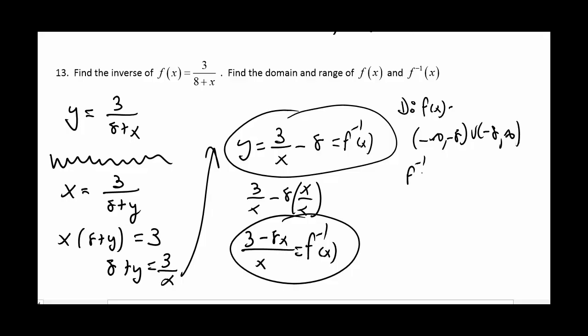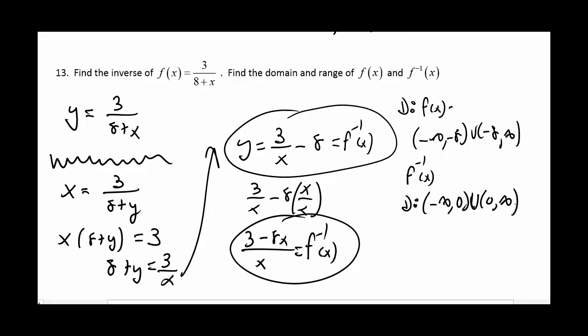For the inverse domain, looking at the only number that we want to kick out of the denominator is 0. So negative infinity up till 0, union 0 out to infinity.